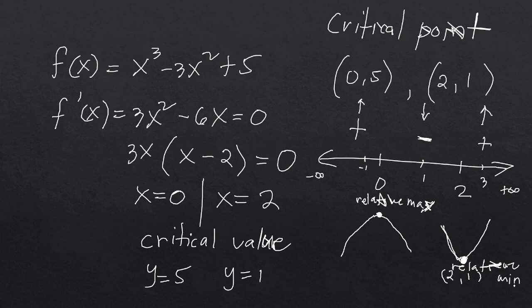So that's the use of the first derivative. We will be able to know whether the critical point that we have here is a relative max or a relative min. And actually, we can affirm this later by using the second derivative test, the testing of concavity of your function.